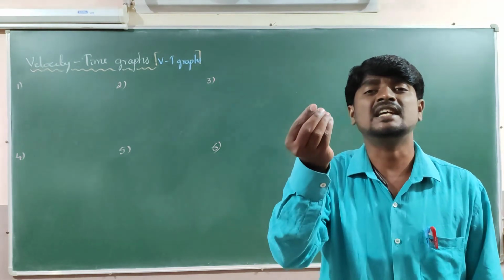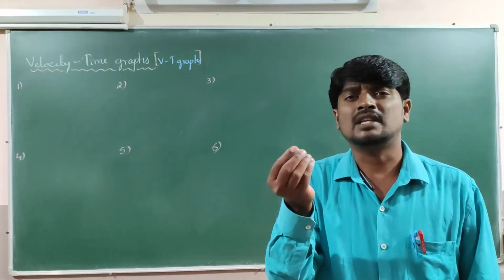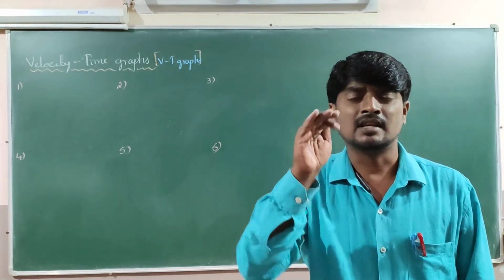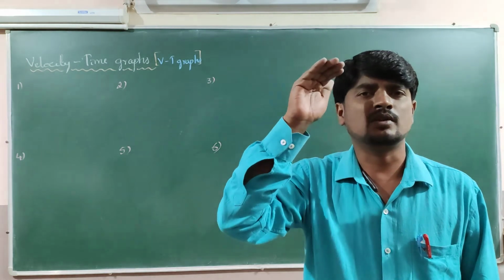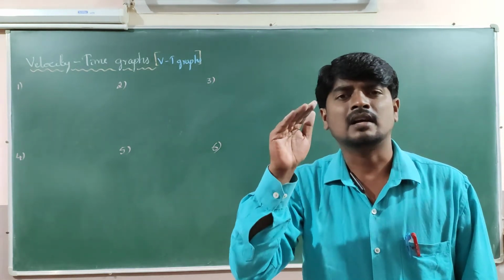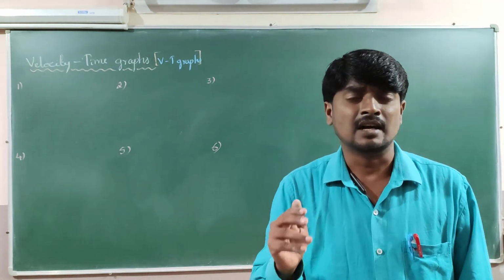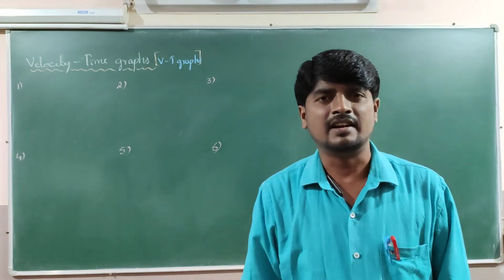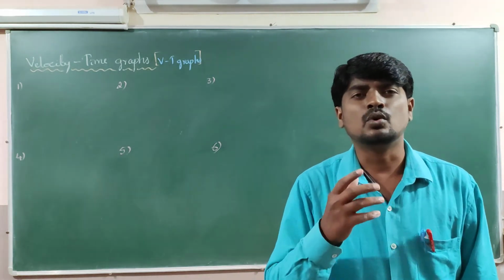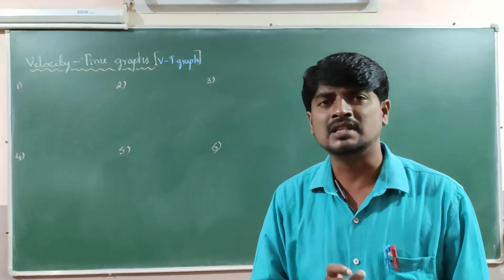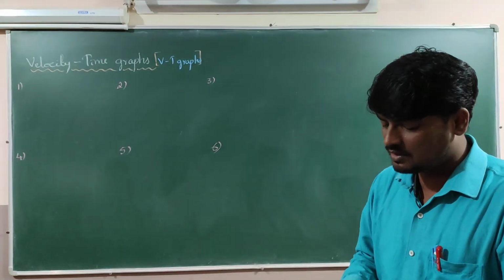As the height increases, the speed of the object decreases. At a certain position it reaches 0, then it will come back. While coming back, its speed increases under the influence of gravity. What is the nature of the graph? So those 6 graphs I am going to deal with today. Let us start one by one.